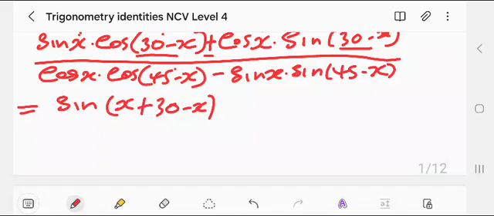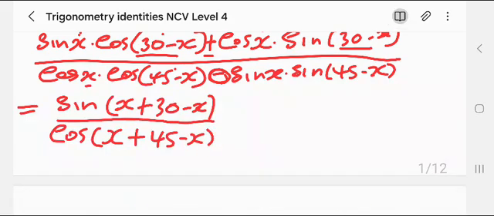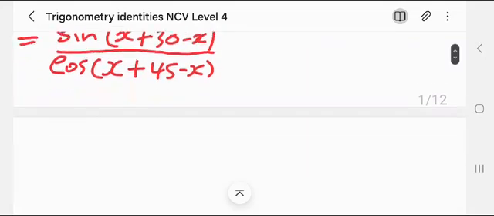But be careful, we'll always put parentheses. Then this will be over the compound angle of cos. We simply have cos, the first angle is x. Now remember, do not forget, when it's cos, the sign will change and becomes plus. There we have 45 minus x, right?